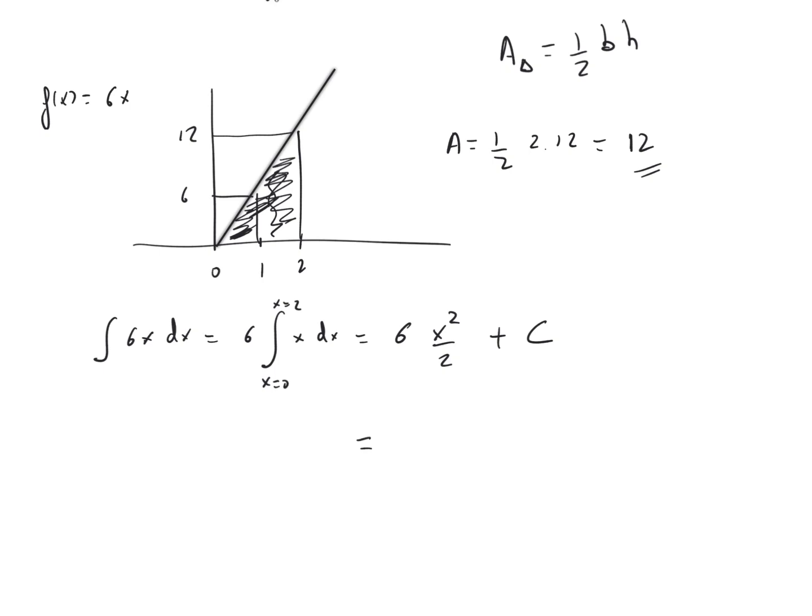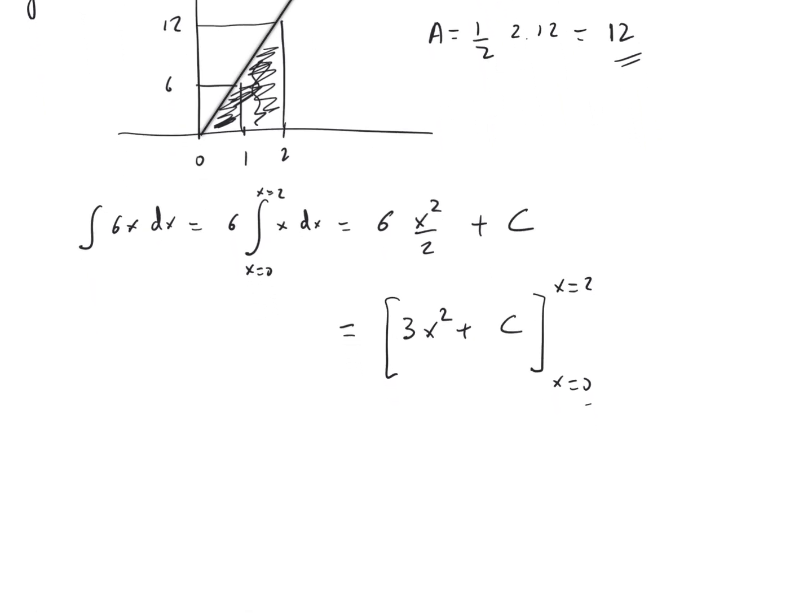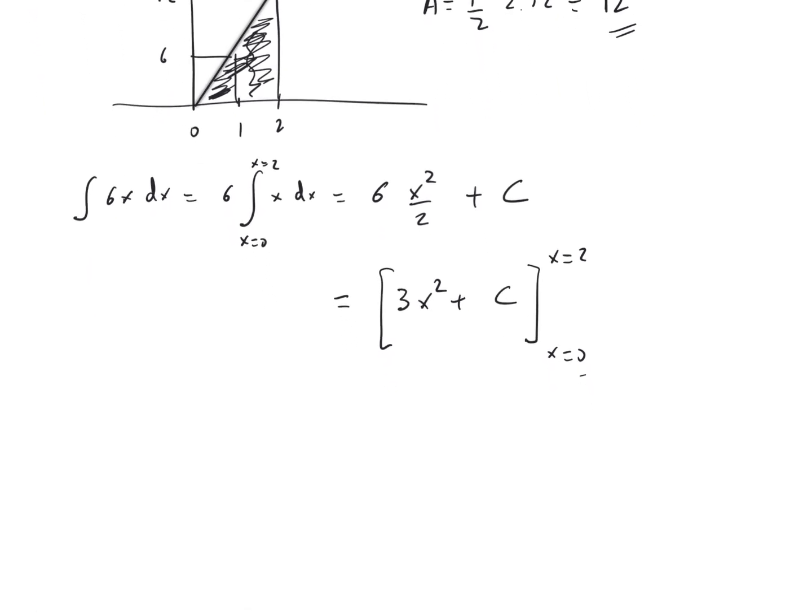So this is between x equals 0 and x equals 2. 6 divided by 2 is 3x squared plus c. And I need to evaluate this between x equals 0 and x equals 2. x equals 0 is a nice point to evaluate because it will be 0.